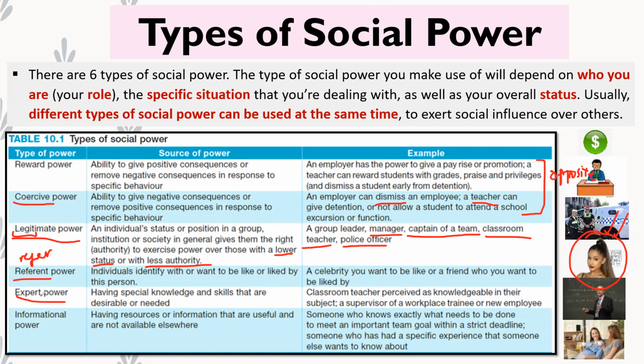Expert power is just in the name itself. It's having some kind of specialization, expertise, knowledge or skills because you've studied that topic for a very long period of time, or longer than most other people have. For example, a lecturer.